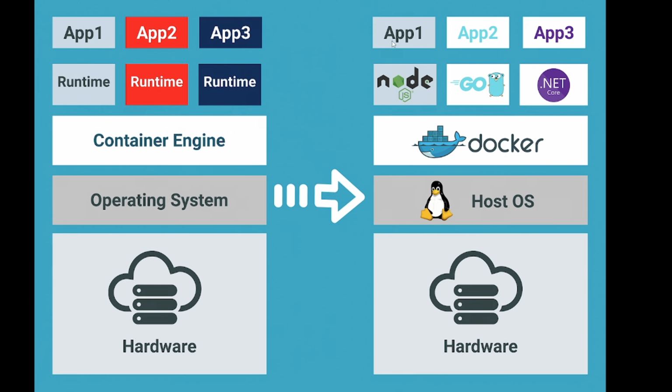It will get its own environment and start running your application. And the fourth benefit is portable. If your container is running on Linux, Ubuntu, you can also shift it to Windows and run that image as a container on your Windows operating system. So it's your container's responsibility to download and start with those runtime environments. You don't need to install any further dependencies or libraries within that container.